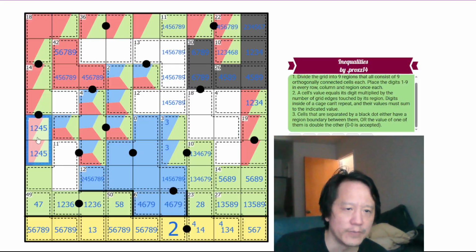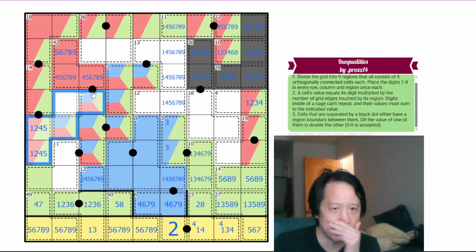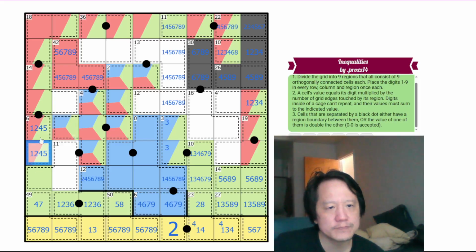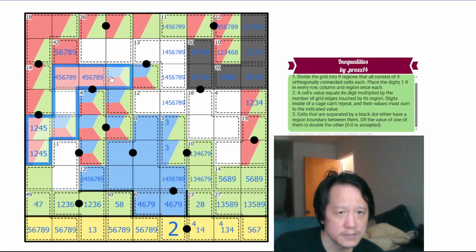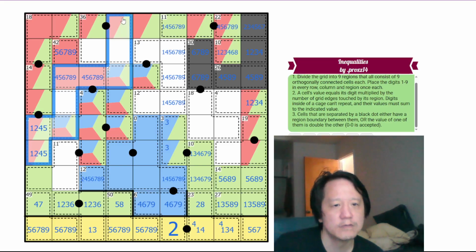So if this is double, there's no way everything in between has to also be doubled because they will be guaranteed to be touching 2 edges. Because this has to touch 2 edges. It cannot go through here. It has to go something like this. It can't even do that. So it would have to do that. 1, 2, 3, 4, 5, 6, 7, 8, 9.